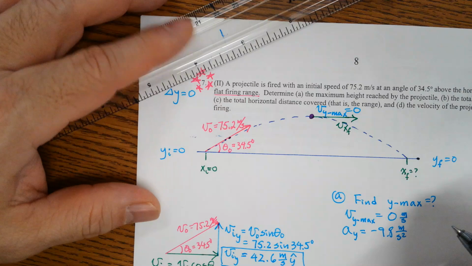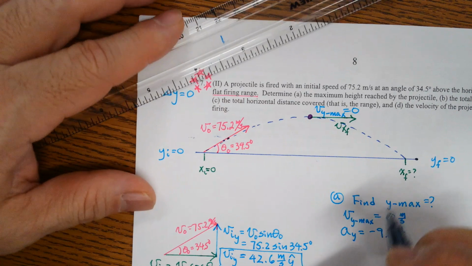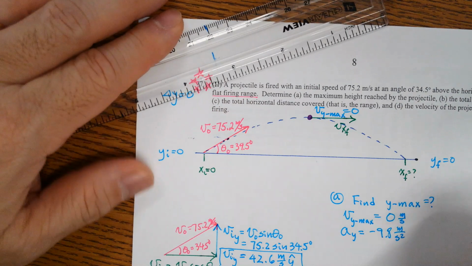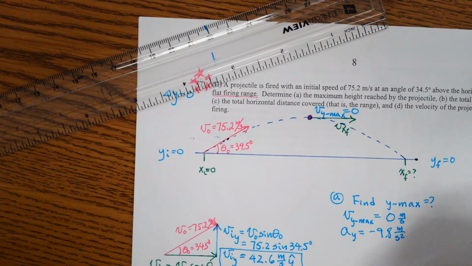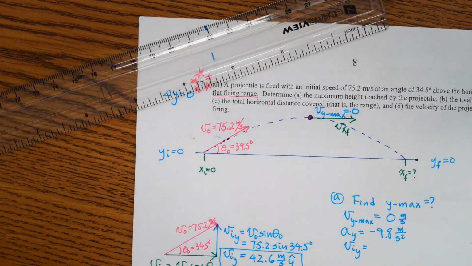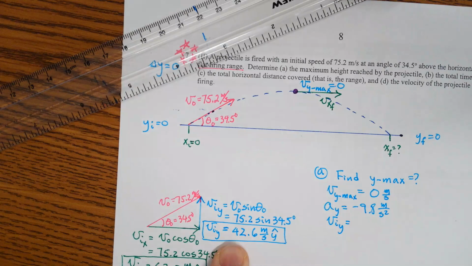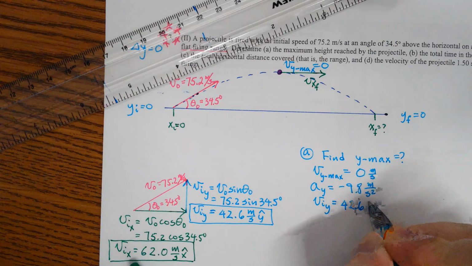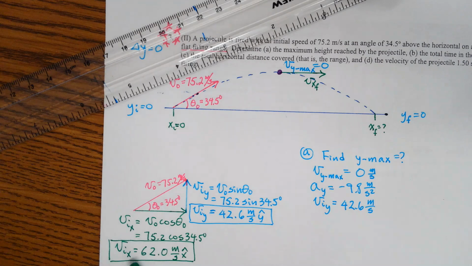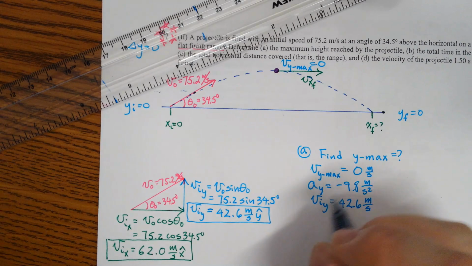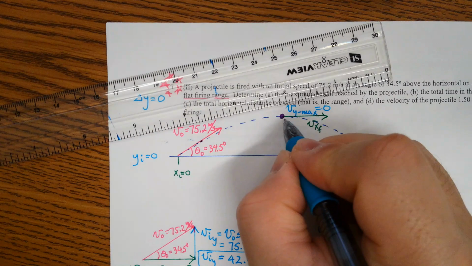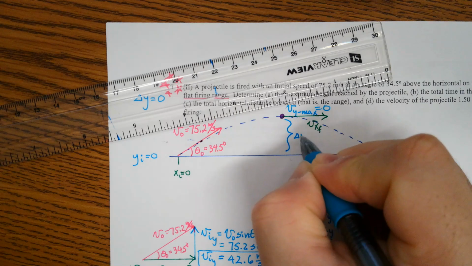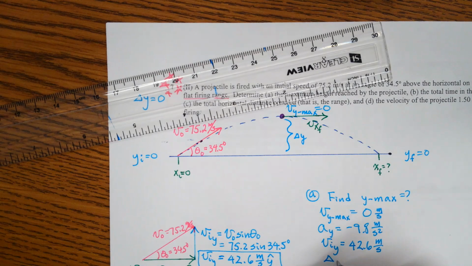We also know that the initial velocity in y happens to be 42.6 meters per second. And I'm looking for my delta y, which is the y max.